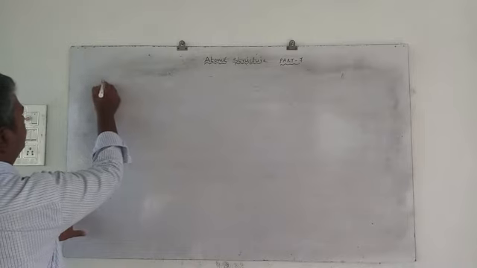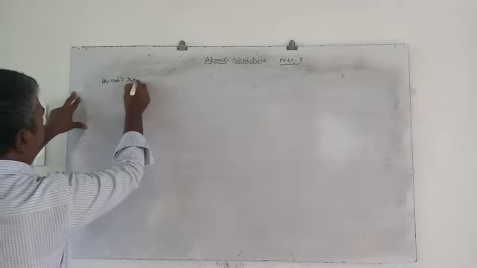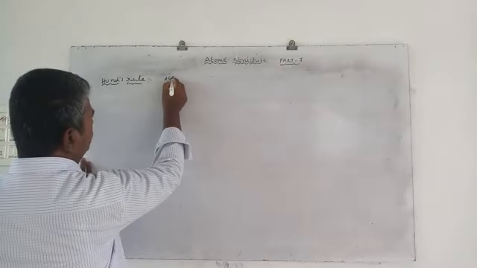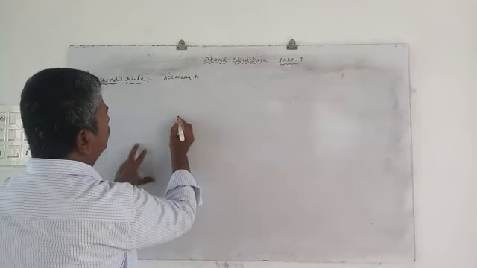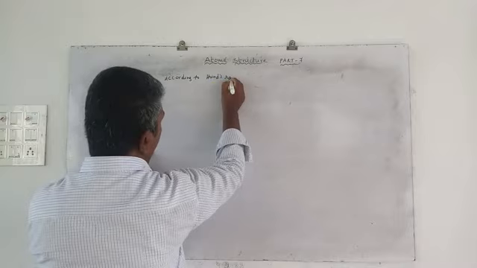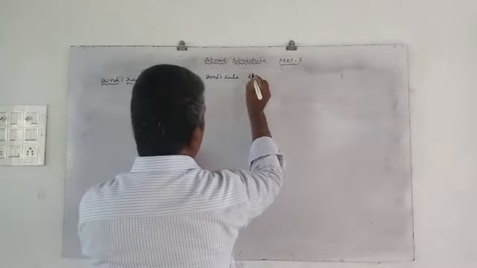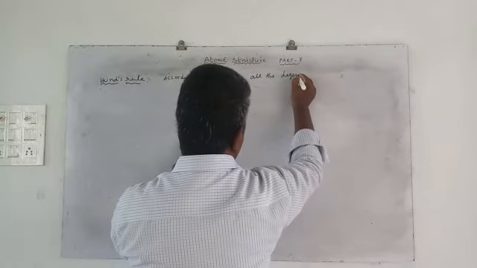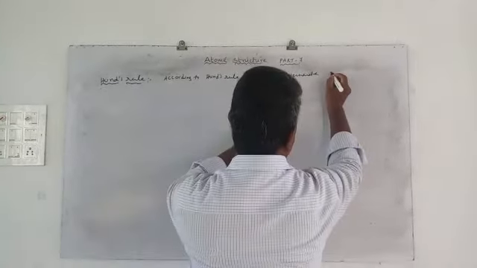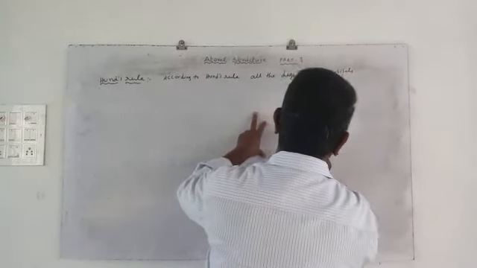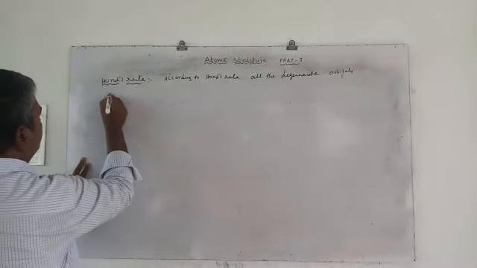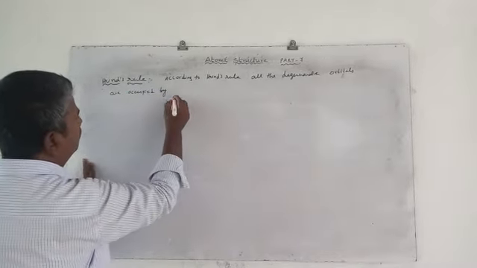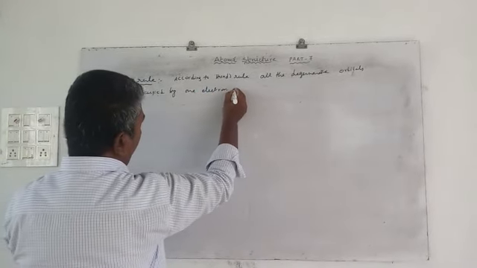Hund's law. According to Hund's rule, all the degenerate orbitals are occupied by one electron each.